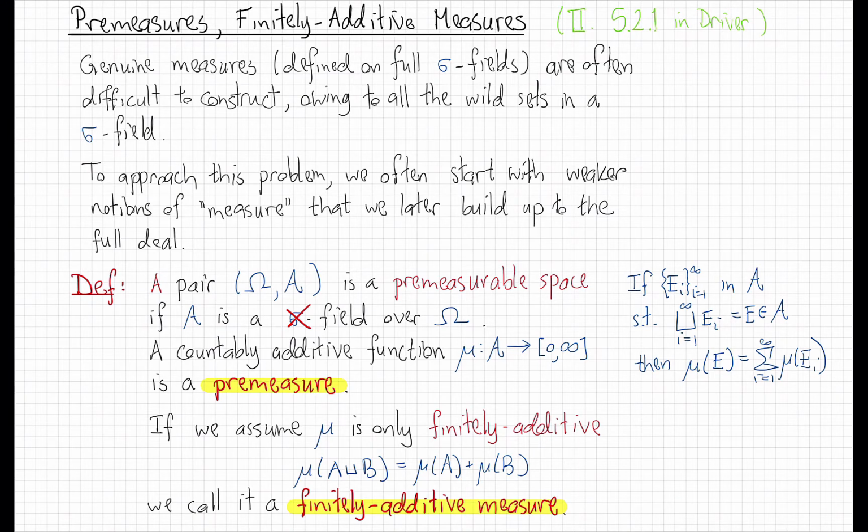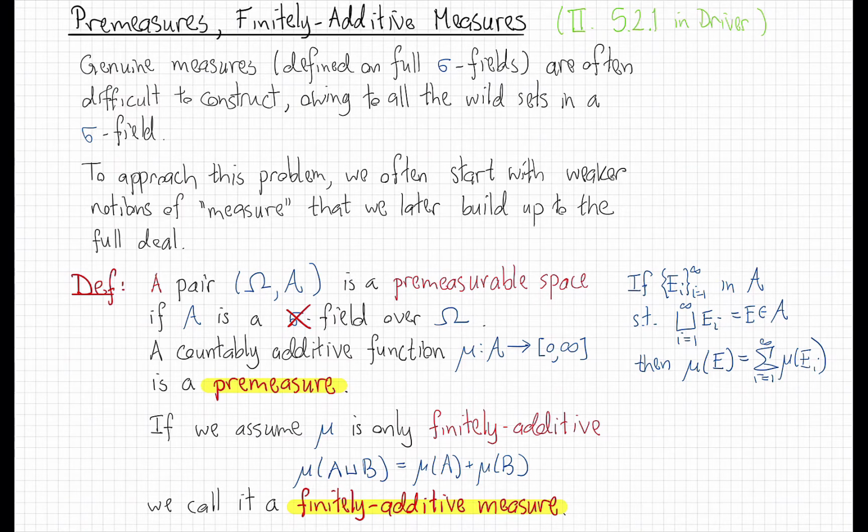And so we'll go one step even lower. We will first start to construct finitely additive measures, which are functions defined on fields in the same fashion, but where we only assume finite additivity over disjoint unions instead of countable additivity.